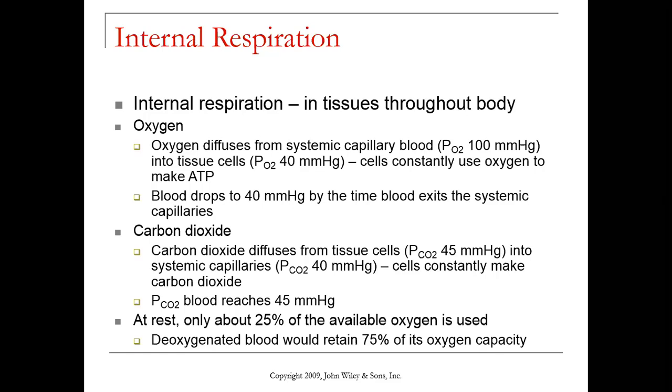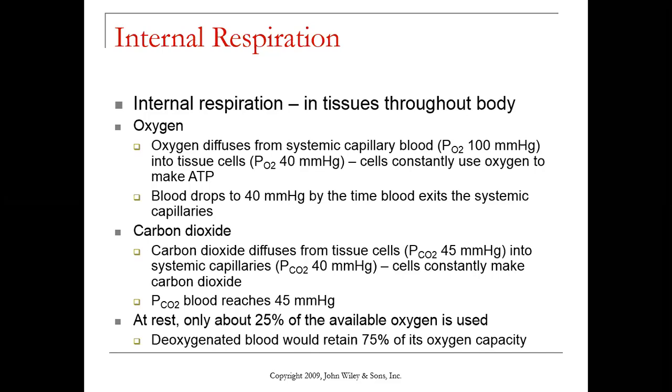So it means that if the partial pressure of the blood in the systemic capillaries is 100, at that moment the oxygen percentage is also 100. But when the partial pressure of oxygen drops in the veins from 100 to 40 millimeters of mercury, the percentage of oxygen does not drop to that extent.